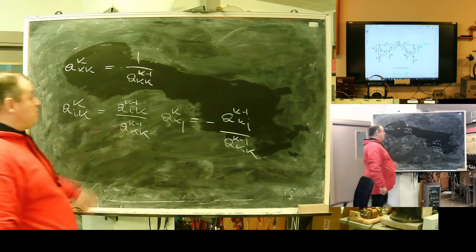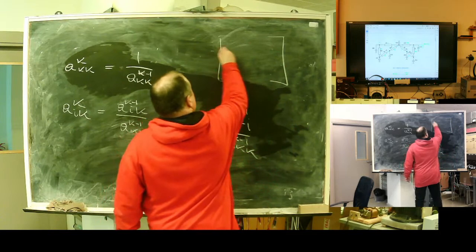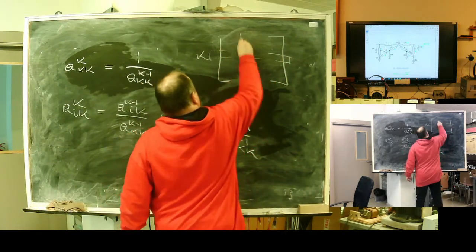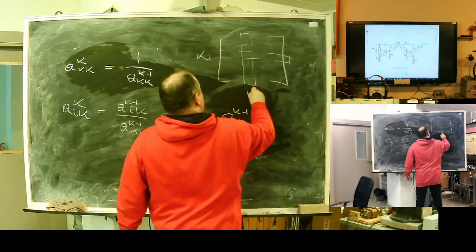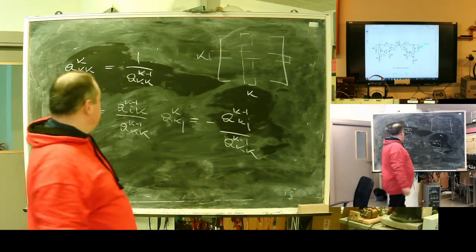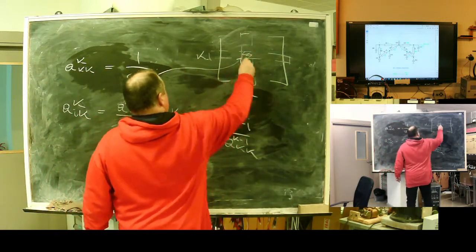These three formulas, if I draw my matrix schematically, I will have row number k and column number k, let's say for step number k. The first one gives me this element.